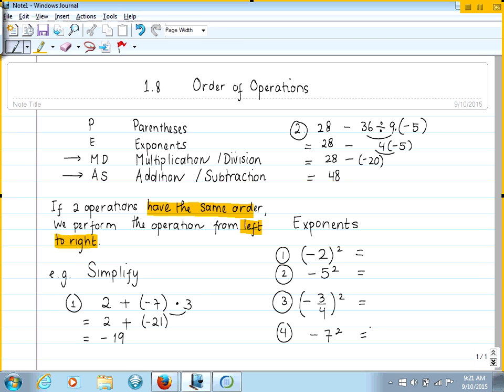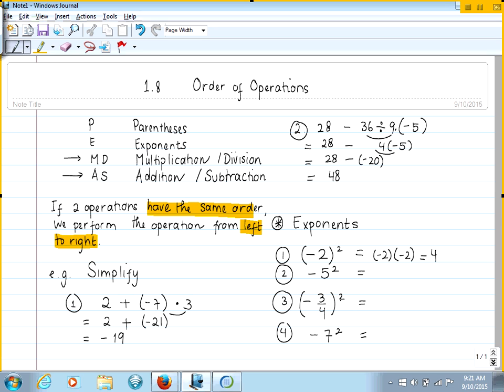So let's look at each of these. Now look at number 1, negative 2 squared. Okay. So let's use a star here. Negative 2 squared. Which one is being squared? Negative 2. So what is negative 2 squared? 4. So negative 2 times negative 2 is 4. Yeah, positive 4.